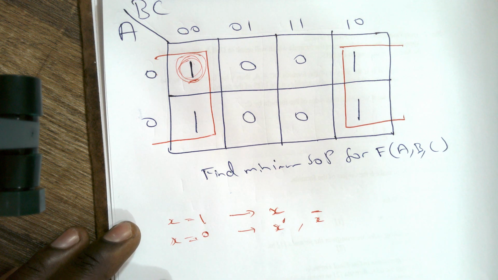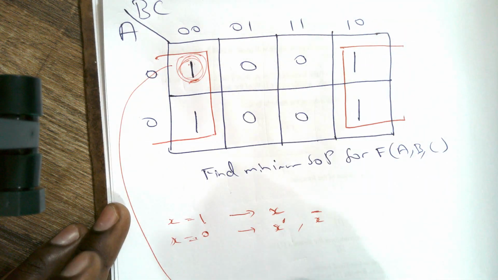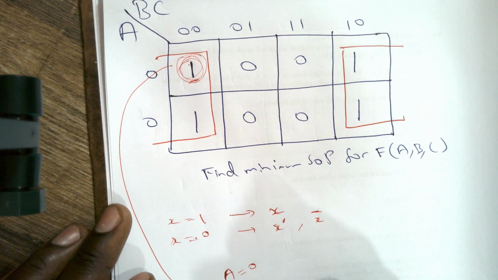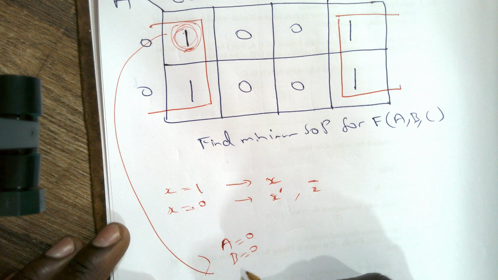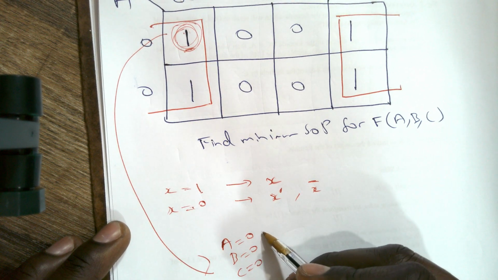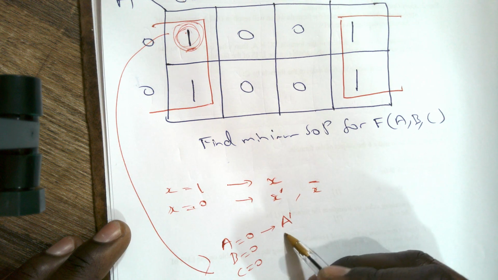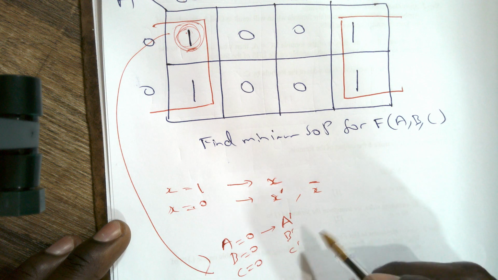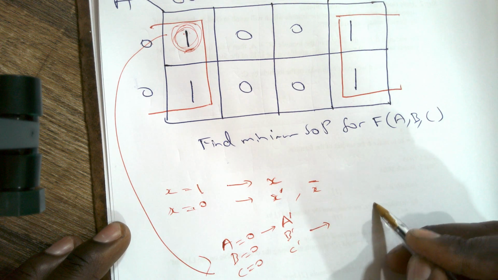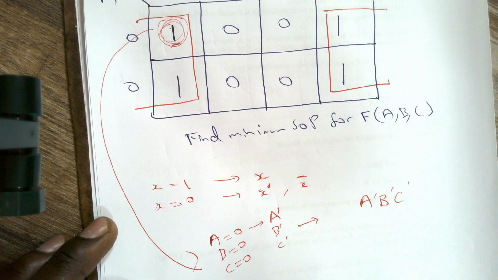Same way, we look at this one here, we realize for that one, A is equal to 0, B is equal to 0, and C is equal to 0. So therefore, we get the expressions A prime, B prime, and C prime. That one is represented by the expression A prime, B prime, C prime.